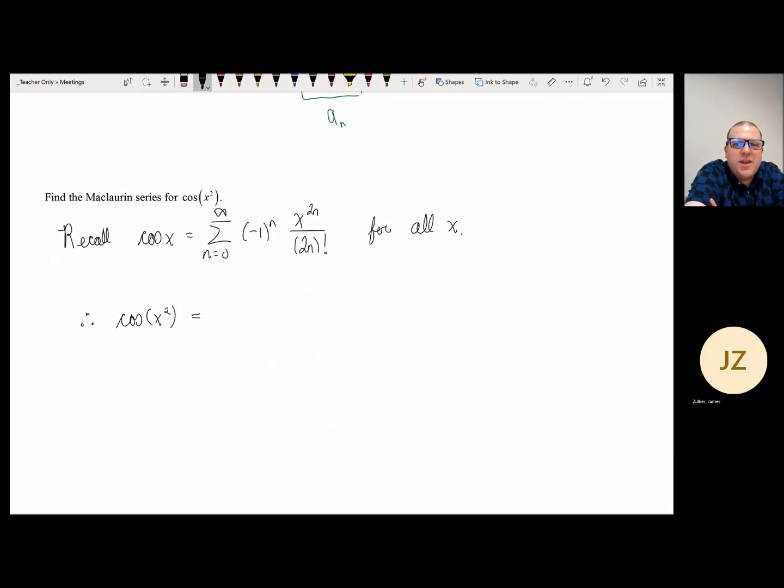So cosine of x squared, all right, we just replace x with x squared.